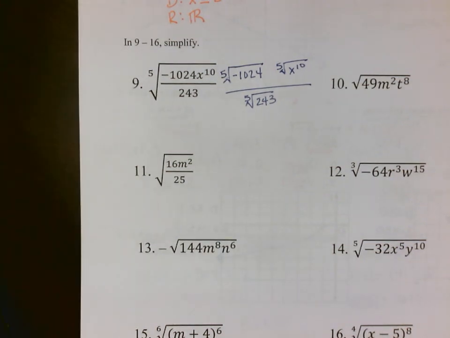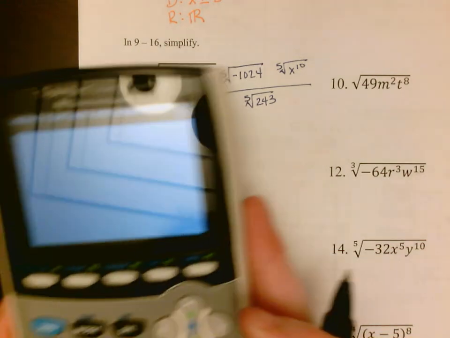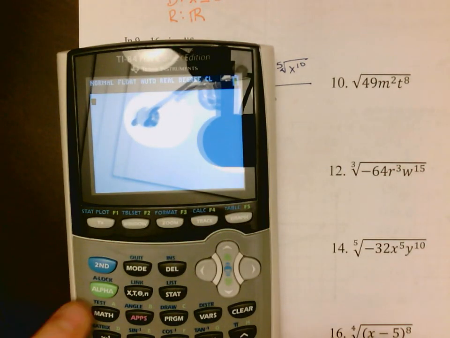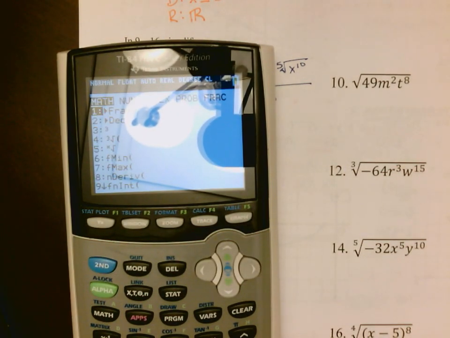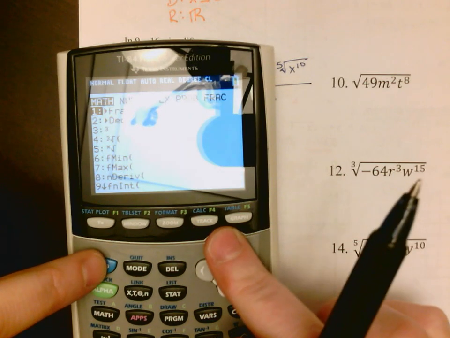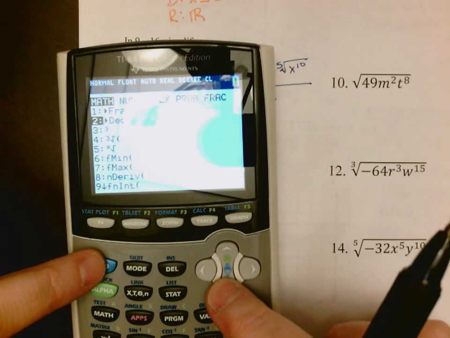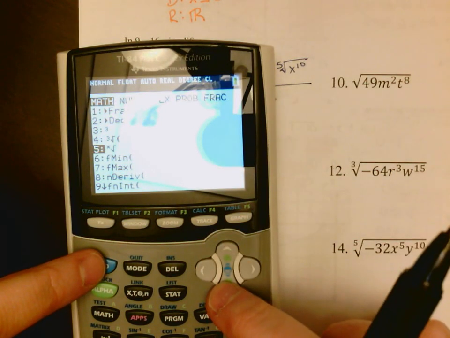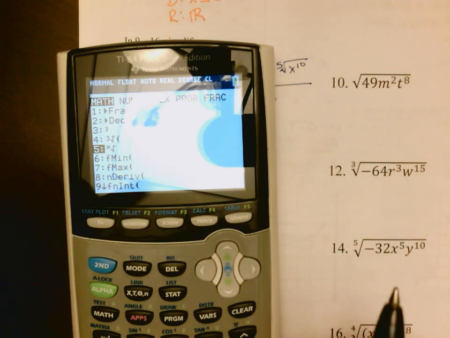Literally 99% of the time I do part of this on my calculator. On my calculator, there's a button if you hit math, and I'm sorry the light is refracting on here, but at 5, you can see the x root. If I type in 5 x root, that will give me the 5th root.